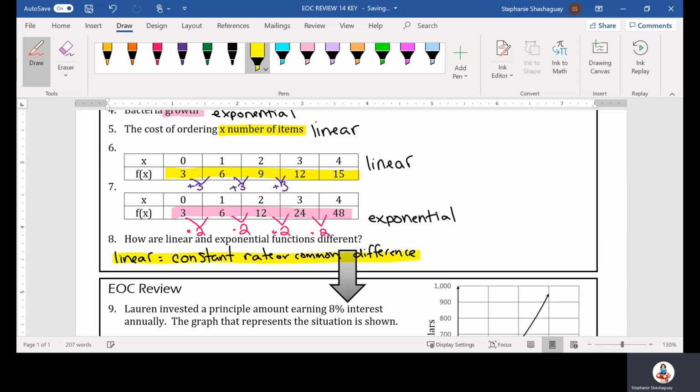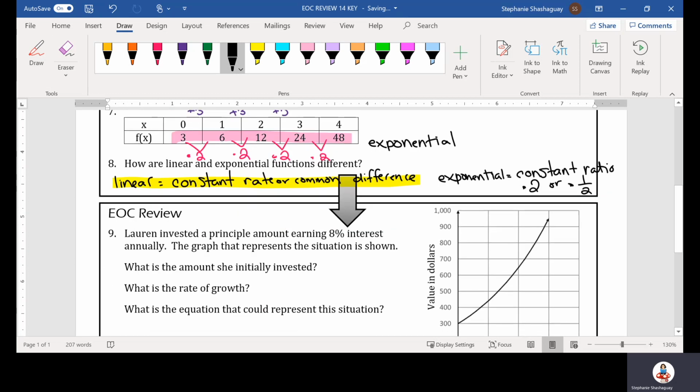And an exponential is a constant ratio. So we're multiplying by something each time. So something greater than 1, so multiplying by 2, or you can be decaying, which is multiplying by anything less than 1, like a half or a percentage. All right.